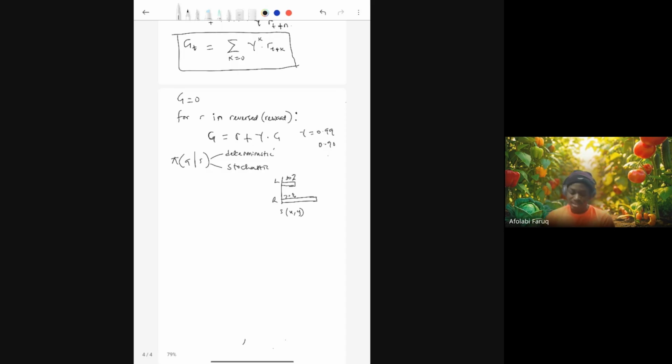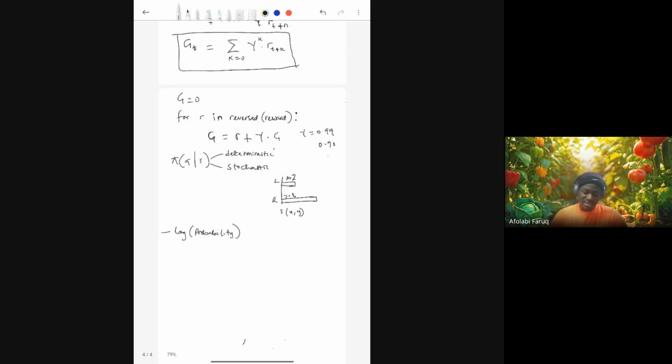So in that case, we do not want to just use a static probability. What we want to use is log probability. We want to use log probability.